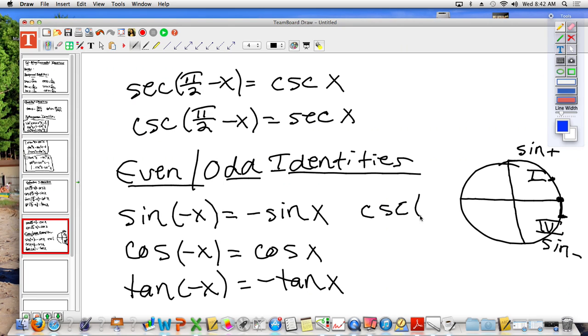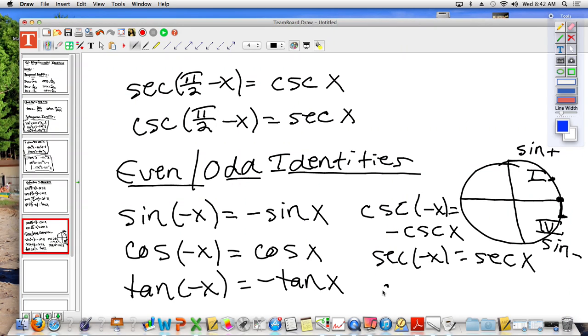Cosecant of a negative x is the same thing as the negative cosecant of x. The secant of negative x is equal to the secant of x, and the cotangent of a negative x is equal to a negative cotangent of x.